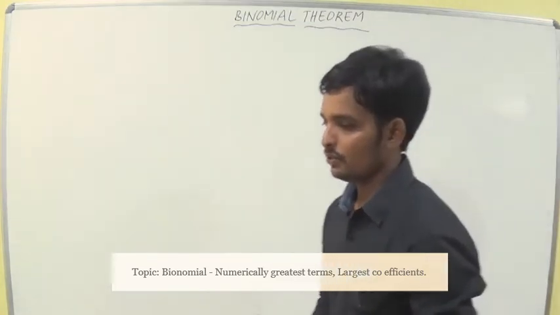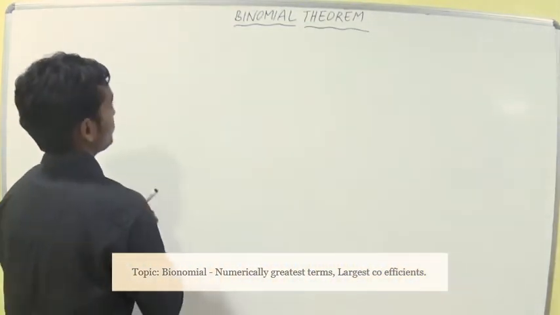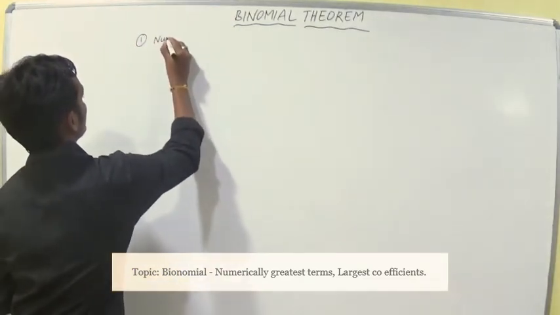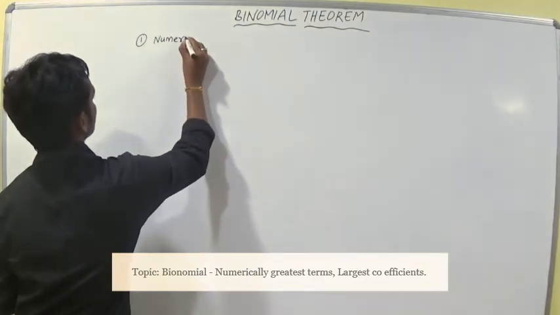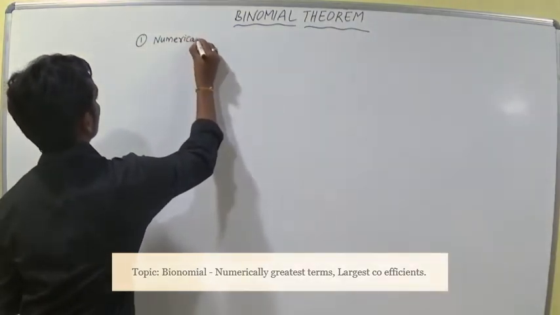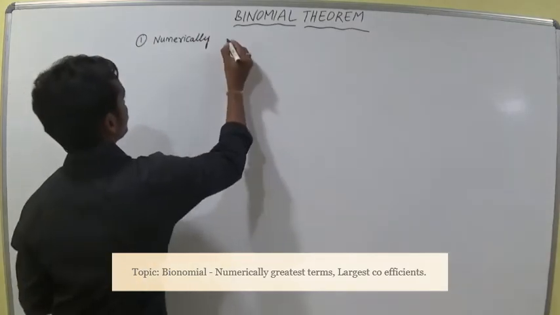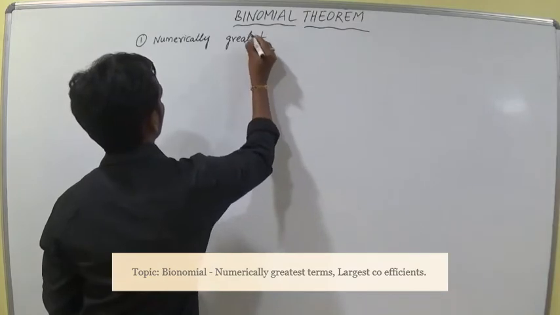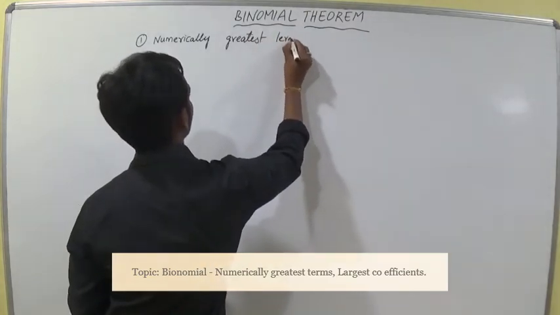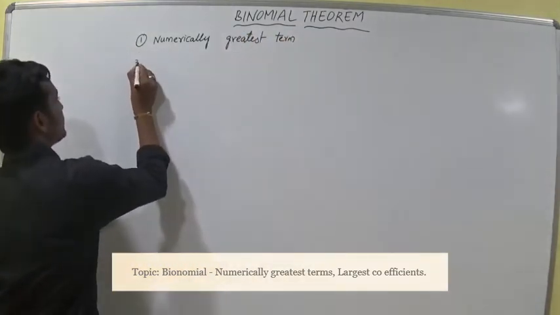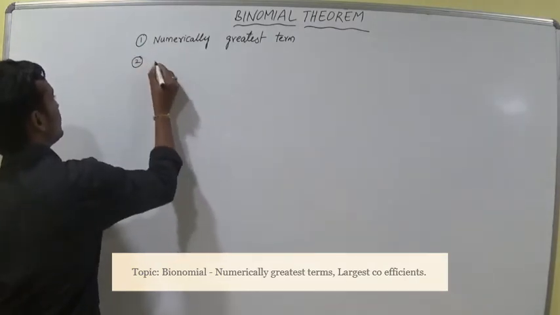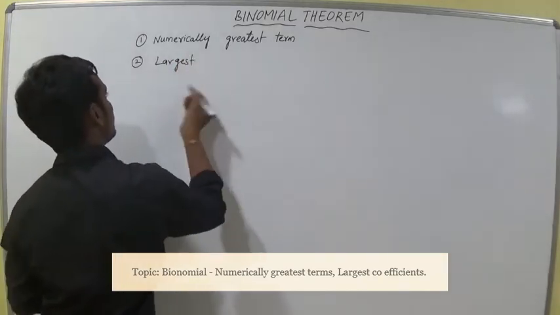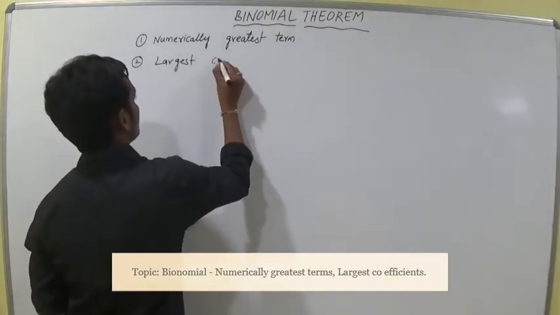In this video we have to discuss two things. The first thing is numerically greatest term, and the second thing is largest binomial coefficient.